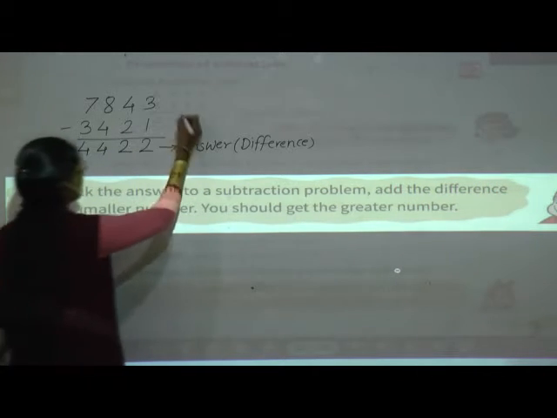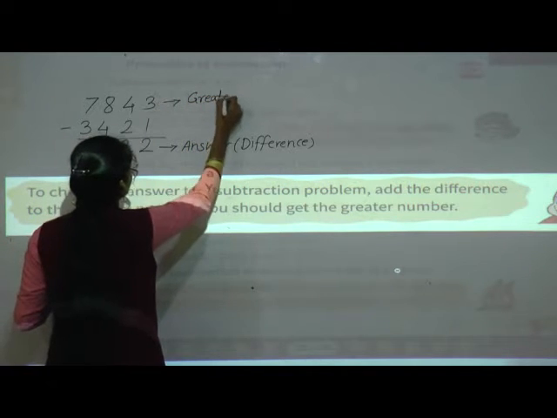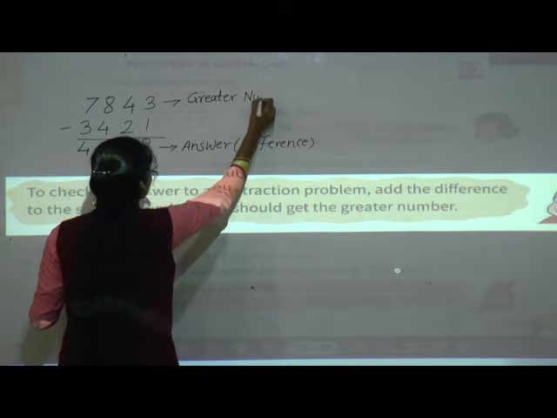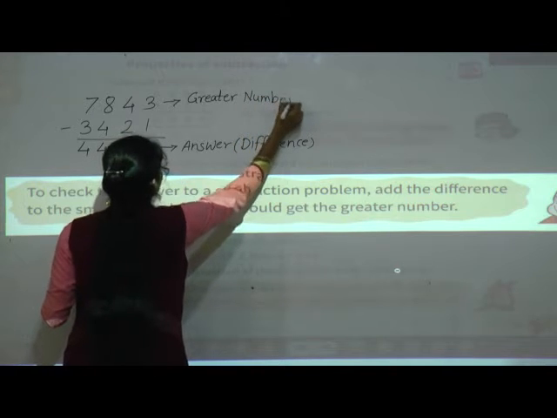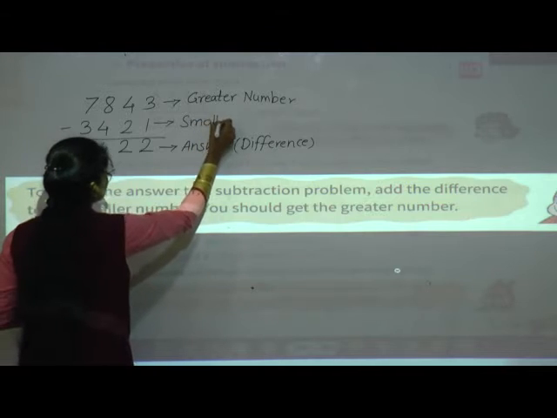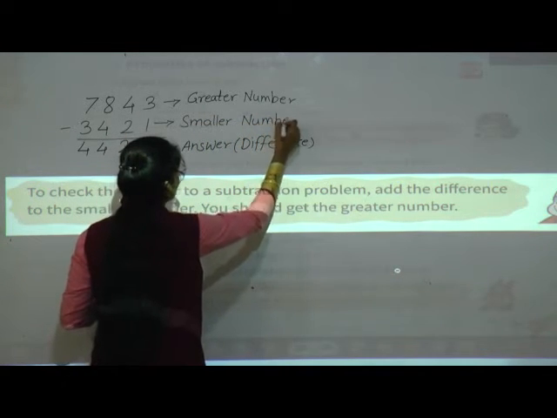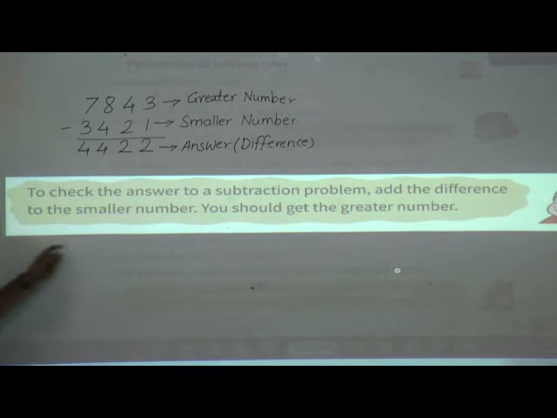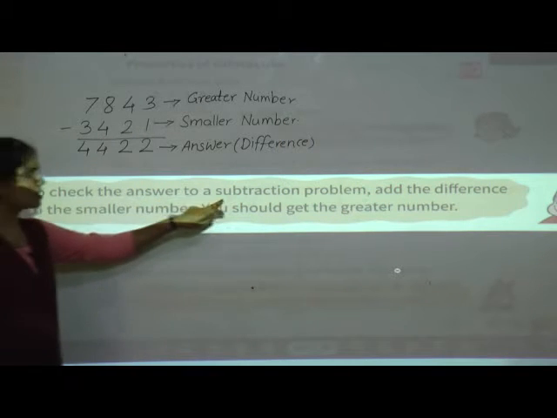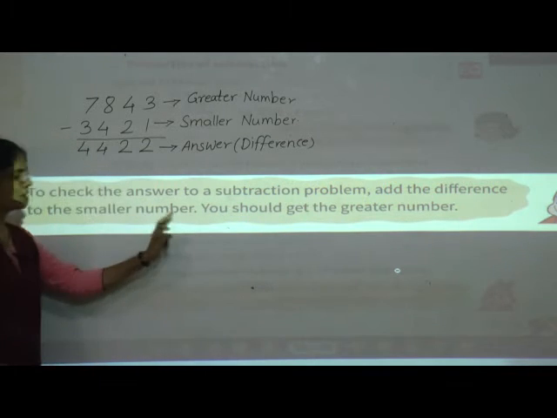This is the greater number. And this is the smaller number. Now what we have to do? Now we have to check whether the answer is correct or no. For that, to check the answer to a subtraction problem, add the difference to the smaller number.